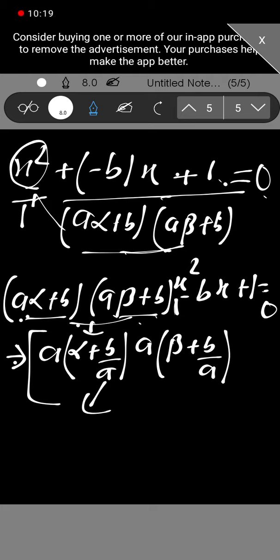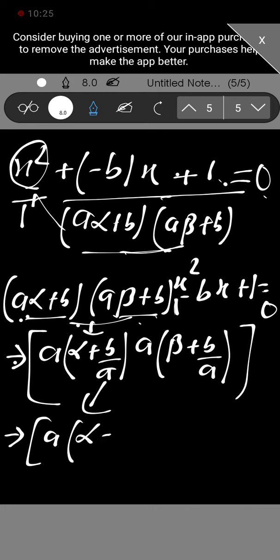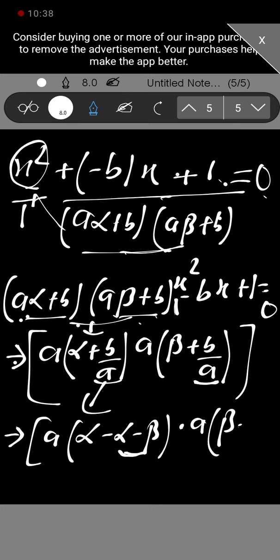So I can write here a times (alpha minus ka beta). You can observe how we get these values by the value of b by a, and again a times (alpha minus ka beta).